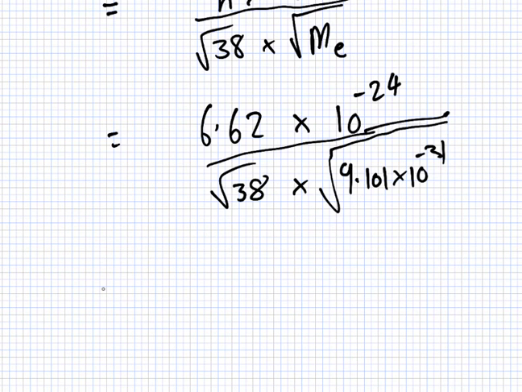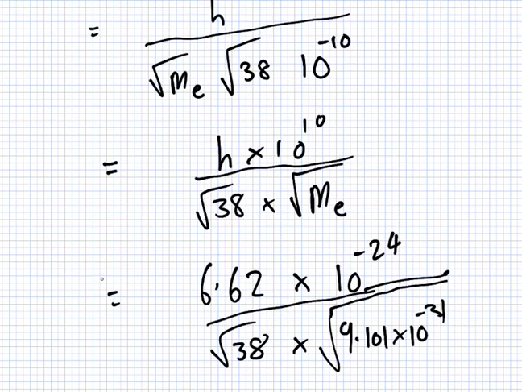What's the Planck constant in the list of constants? Because they say use the value of h given in the list of functions, not the h from your graph. That's what they're saying. Give me the real h, please.